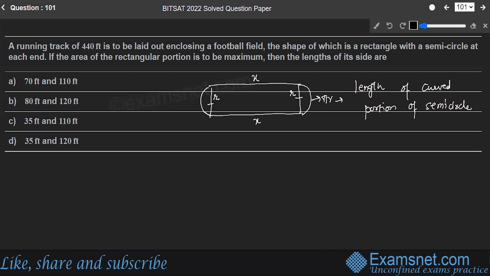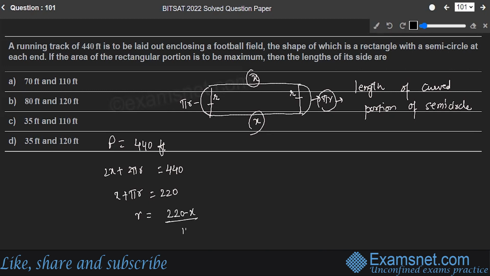First of all, you are given the perimeter is equal to 440 feet. The perimeter is given by x plus pi r plus x plus pi r, that means 2x plus 2 pi r, which is equal to 440 feet. So you will have x plus pi r is equal to 220, or r is equal to (220 minus x) upon pi.